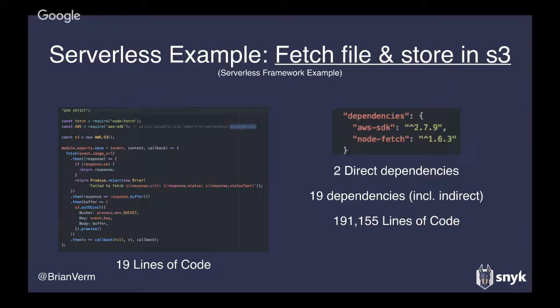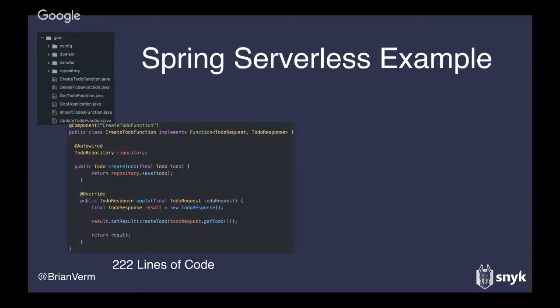So you see that the 19 lines small thing I created ends up with a whole bunch of lines that go into production, and most of it, you don't know what it is, right? So I will give you another example. I will not let you guess anymore, but it is a Spring Serverless example, and it's 222 lines of code.